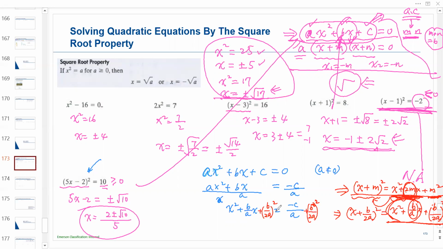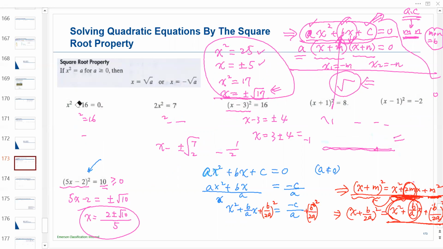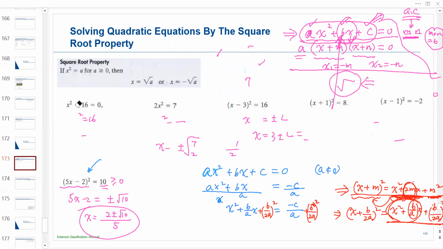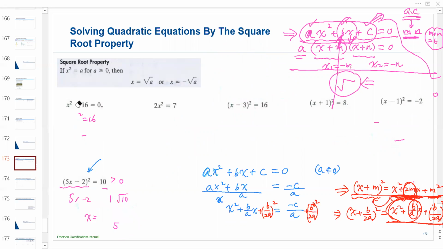Okay, let me erase the rest of the others. All right, so you guys understand this process already. Make sure you listen carefully about this part. This is very, very important. So you got x squared plus 2mx plus m squared.